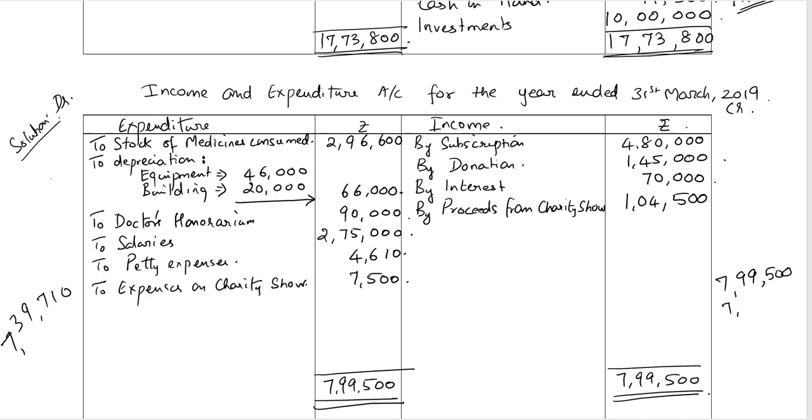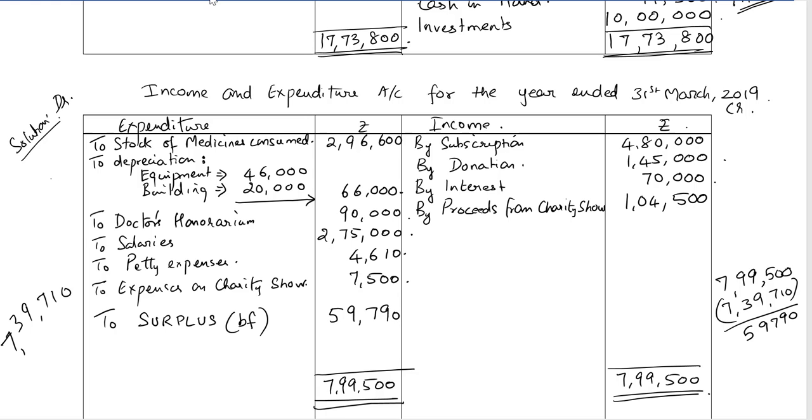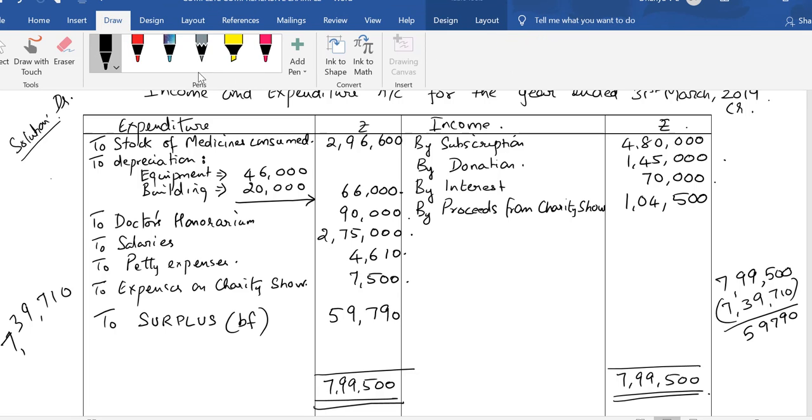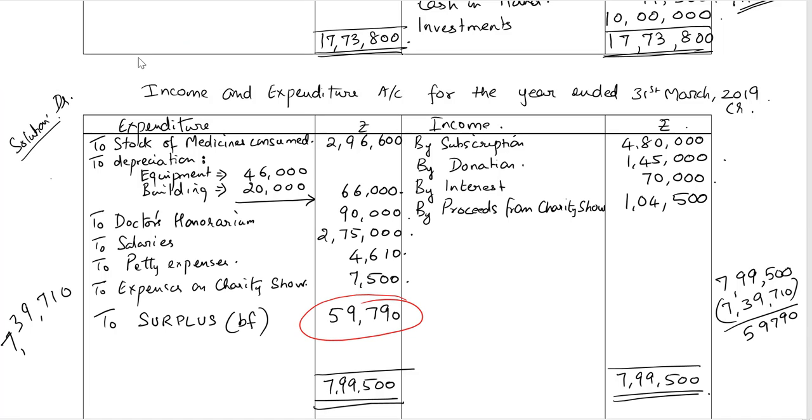And on deducting 7,39,710, we get 59,790 as surplus, the balancing figure. So this is the income and expenditure account.